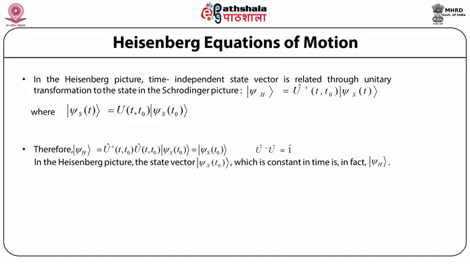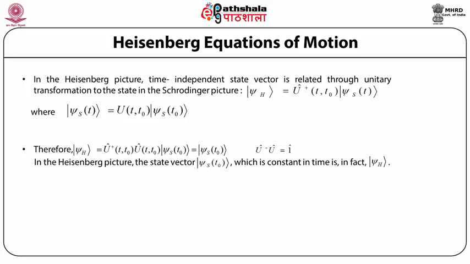And this gives us the result that ket psi_H in the Heisenberg formalism is equal to ket psi_S(t0) in the Schrödinger formalism, where U dagger U is equal to the unit operator.